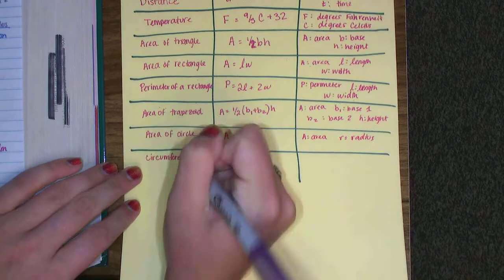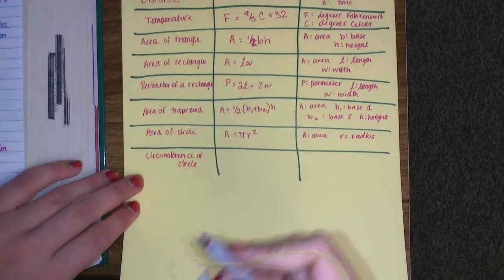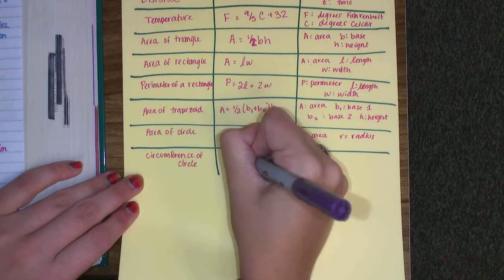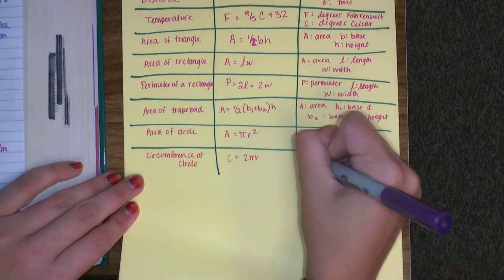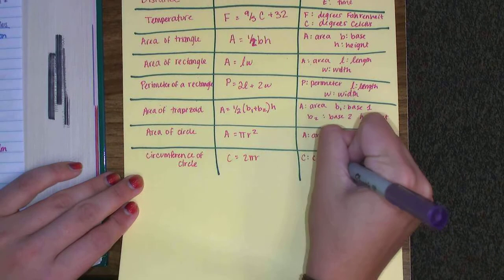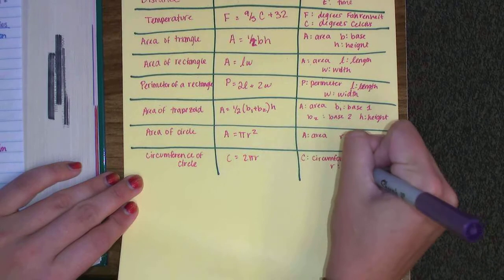Okay, and in case you're not familiar with the word circumference, that means the outside, basically perimeter of the circle. And this is C is equal to 2 pi r, where C is circumference and r is radius.